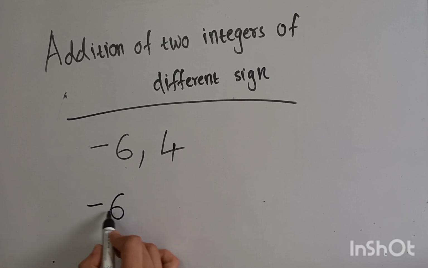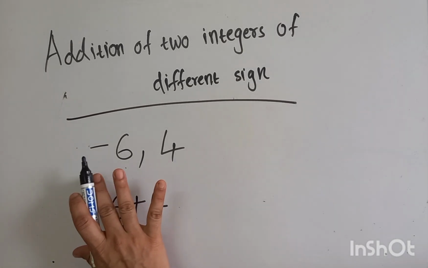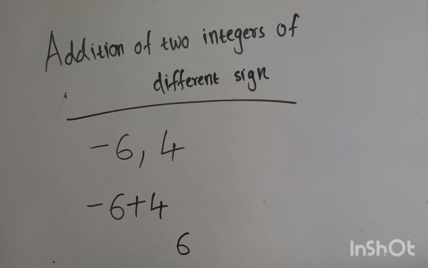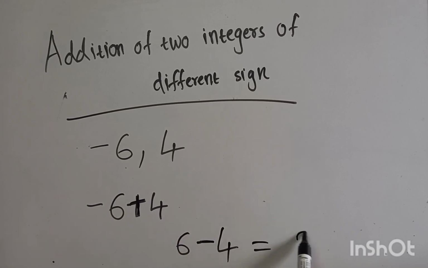So the operation is negative 6 plus 4. Neglect the sign of both numbers: negative 6 becomes 6, positive 4 becomes 4. Then instead of addition, do subtraction. So 6 minus 4 is 2.